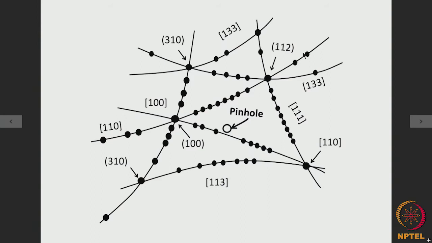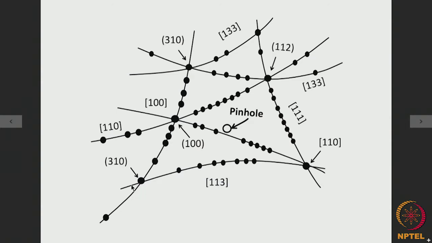Similarly, all those planes which form a zone for which 111 is the zone axis, their diffraction spots will lie on this hyperbola. In a similar manner, the planes forming the 100 zone will be lying in this manner on this hyperbola.